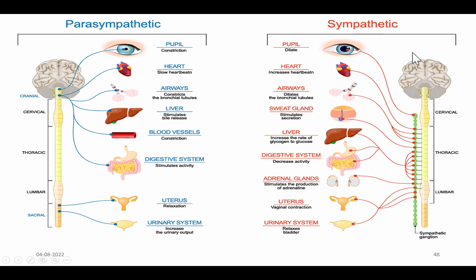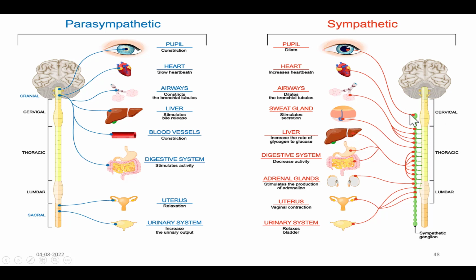This is the sympathetic nervous system. See here, the nerves coming from cervical, thoracic and lumbar make up the sympathetic nervous system. And also the ganglion on either side of the vertebral column. So these are the ganglion on one side. In the same way, on this side also the ganglion and nerves are present.